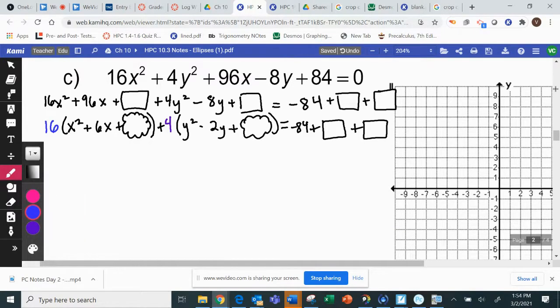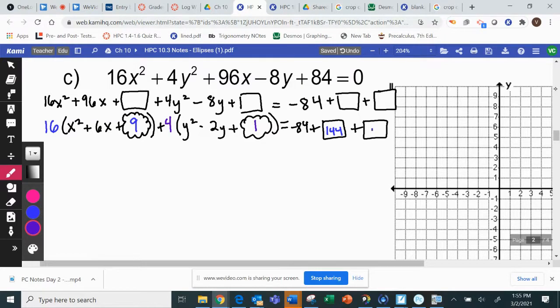So I'm going to fill in a 9 in my first spot, but 9 does not go on the other side. What goes on the other side? 16 times 9, 144. And then I will fill out a 1 here, but 1 does not go on the other side.